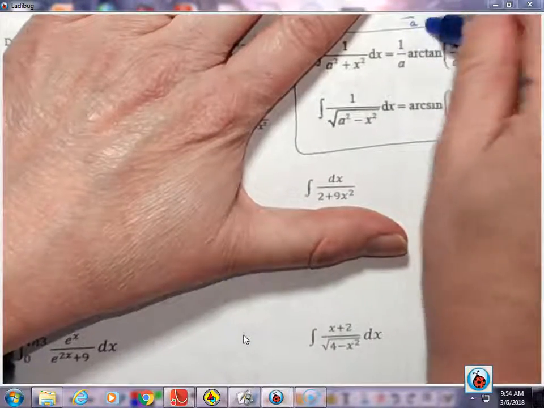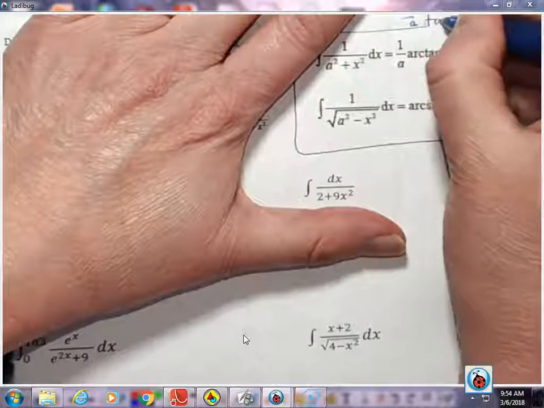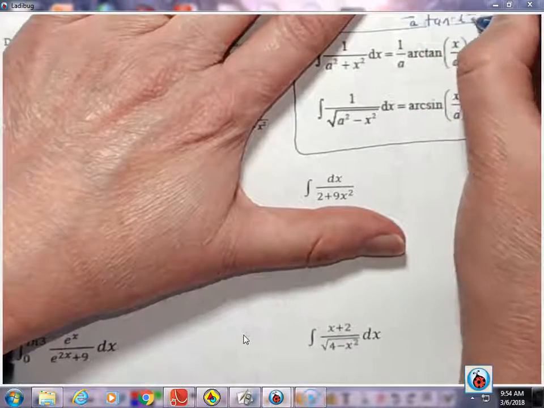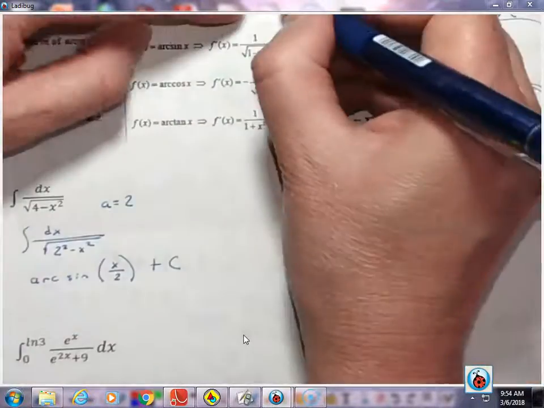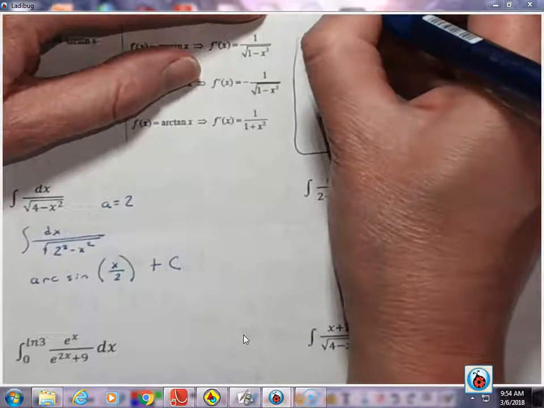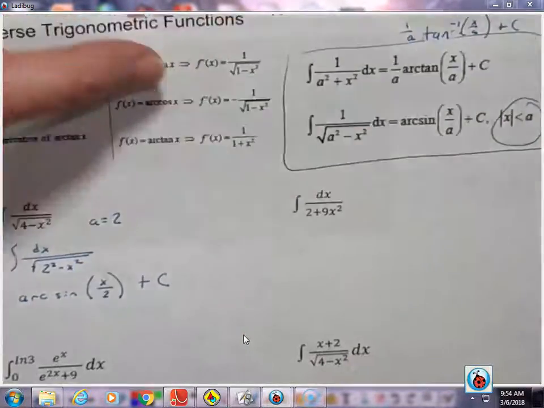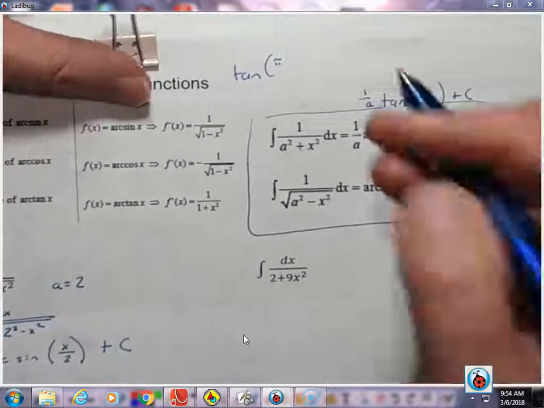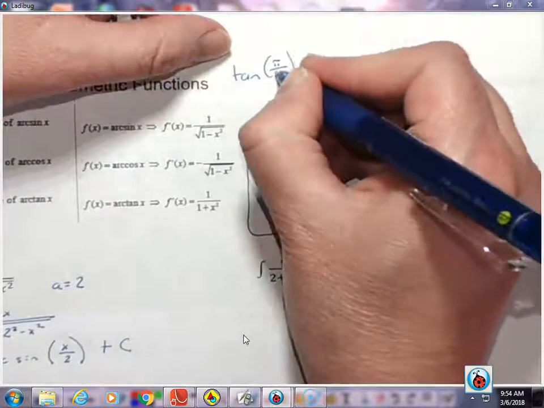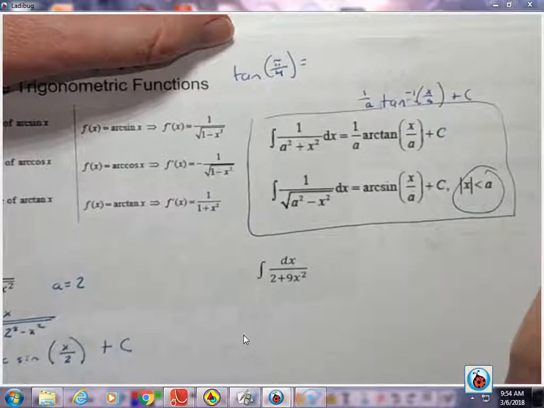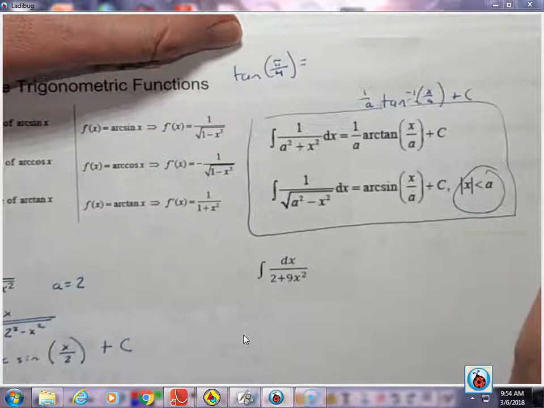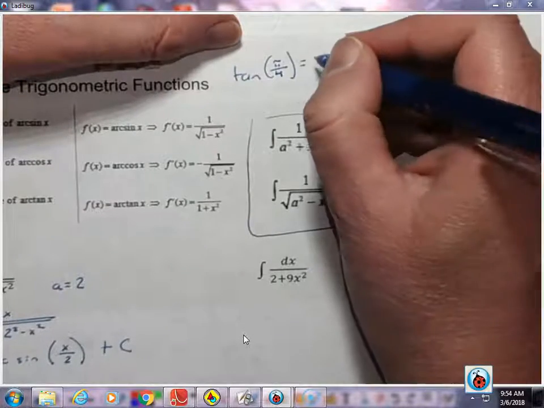Tan inverse. So if you'll remember, hang on one second. Let's say you take the tangent of pi over 4, because that's an easy one. Does anybody know the tangent of pi over 4? It's just 1.